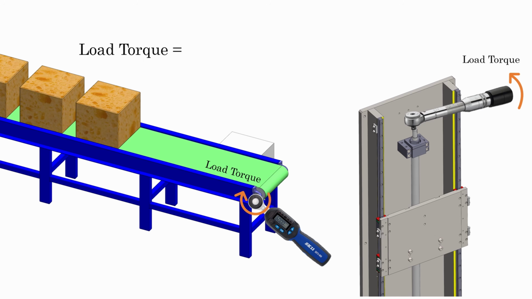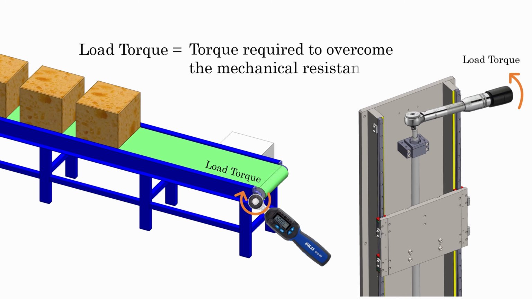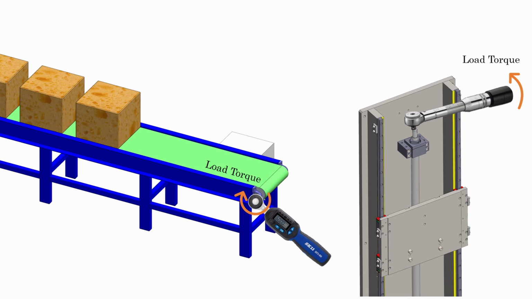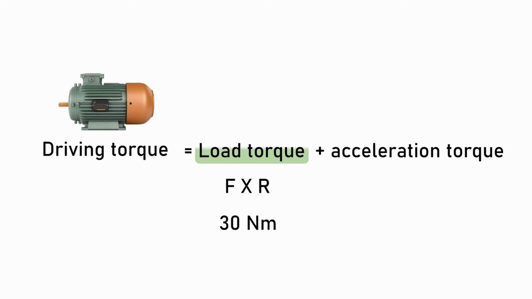It's simply equal to the torque required to overcome the mechanical resistance during operation. But in actual machines, we do not use the motor just to slowly move the system. We use the motor to achieve a specific operating speed within a specific time limit. So to accelerate the mechanical system from rest to operating speed, we need extra torque in addition to the load torque, called acceleration torque.